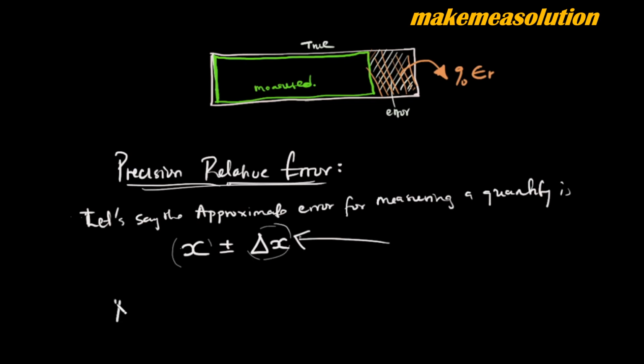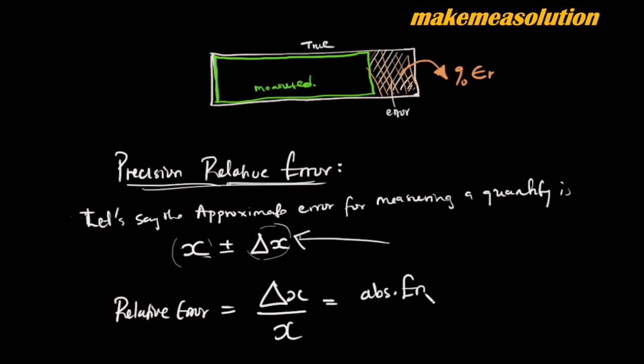So what is your relative error in this case? Relative error for precision in this case will be absolute error divided by this measured value here, x. So the summary is absolute error divided by measured value.